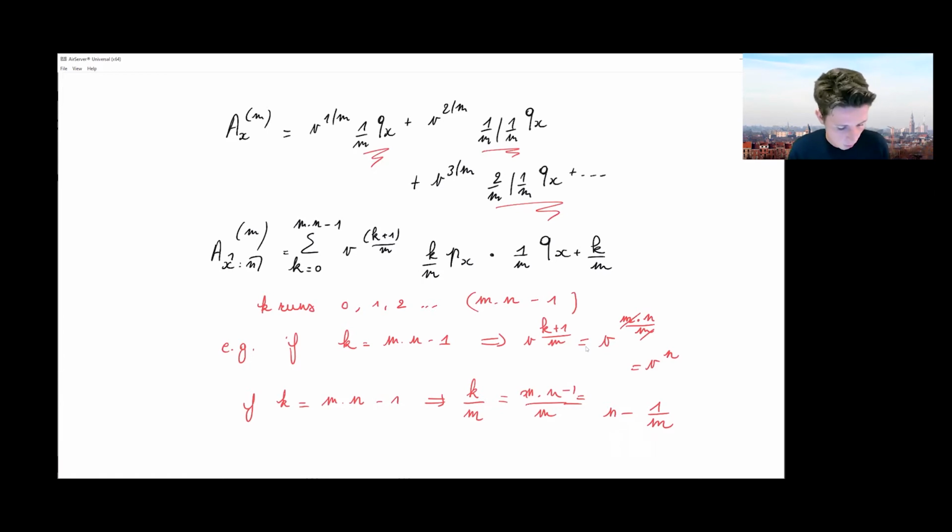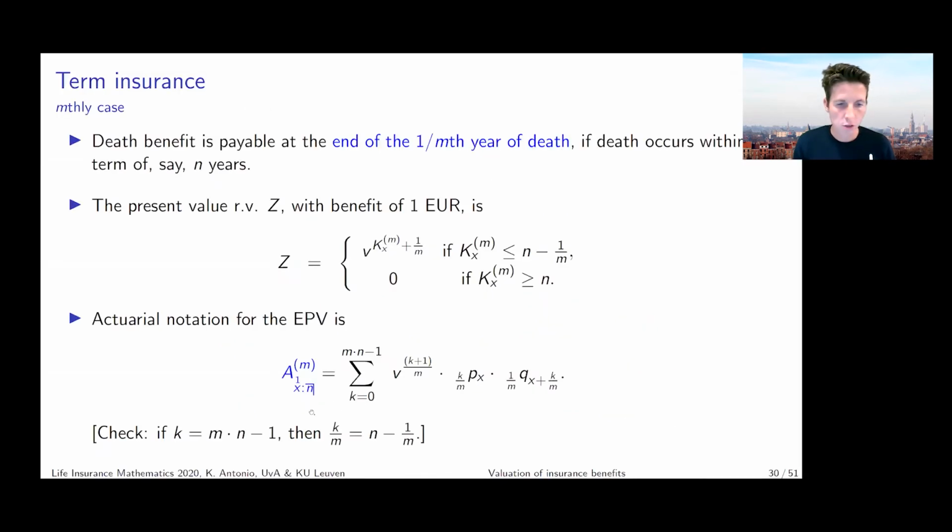So pay attention to whether k is running over integers, or running over multiples of 1 over m. In this notation, the k is running over the integers, and if I write that in full, I indeed get the setting that I want to have. So this is my valuation formula.